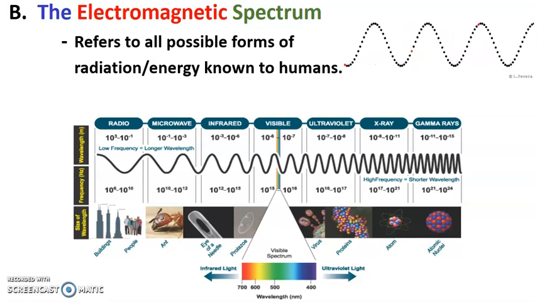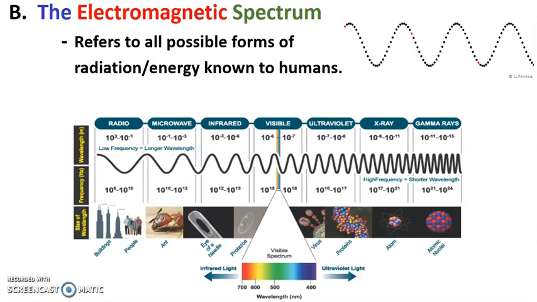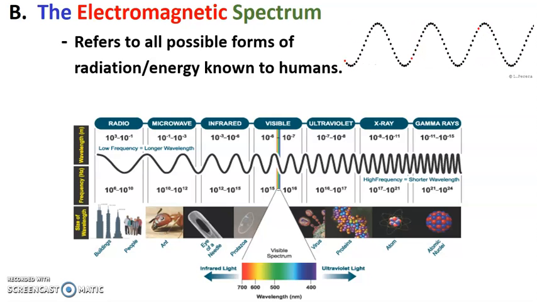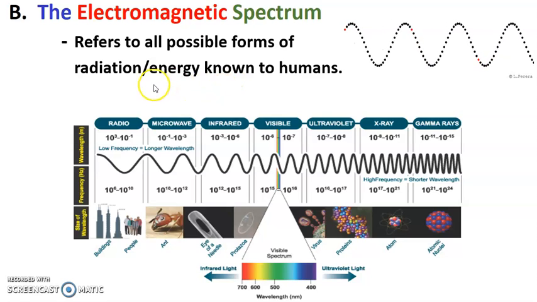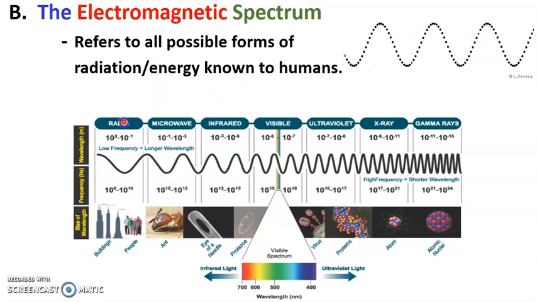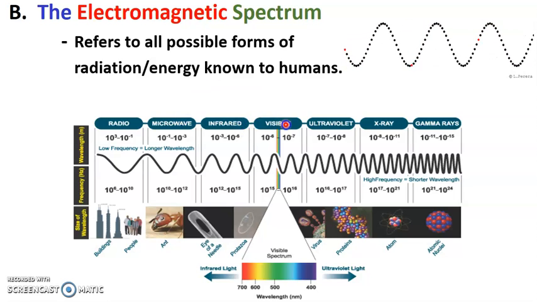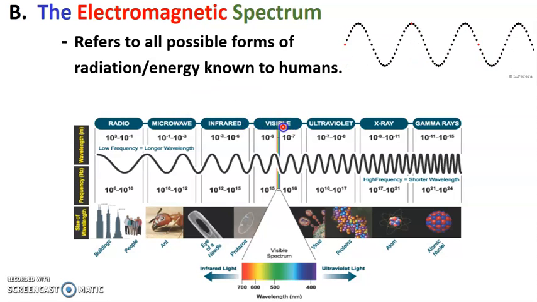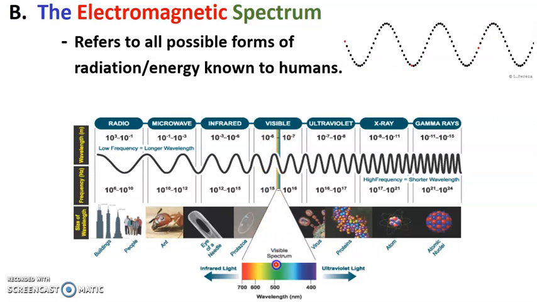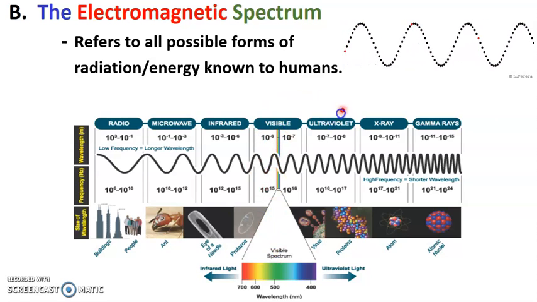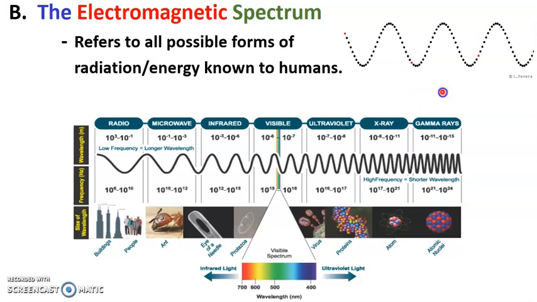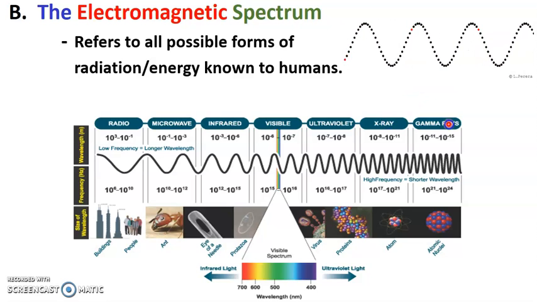There could be other ones in the universe that we haven't been able to detect yet, but as of now, the forms of energy that we know exist in the universe are what you see below. Radio waves, microwaves, infrared, the visible light spectrum, which is what you and I actually are able to see, ultraviolet, X-rays, and gamma rays.